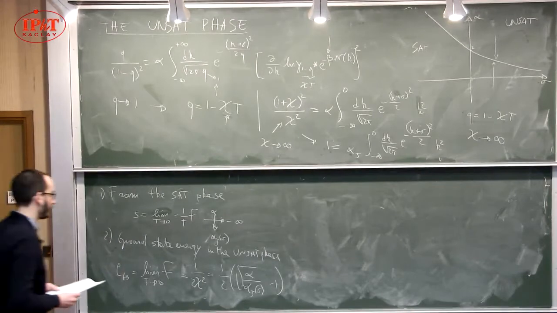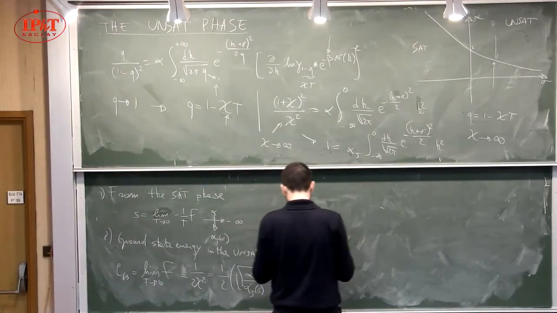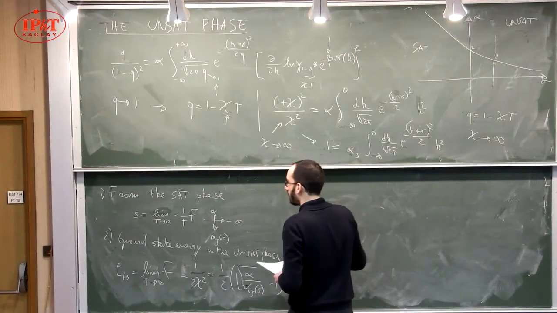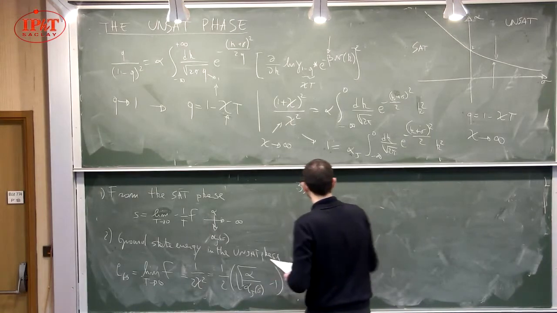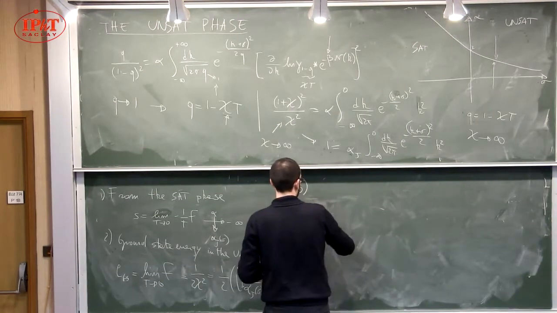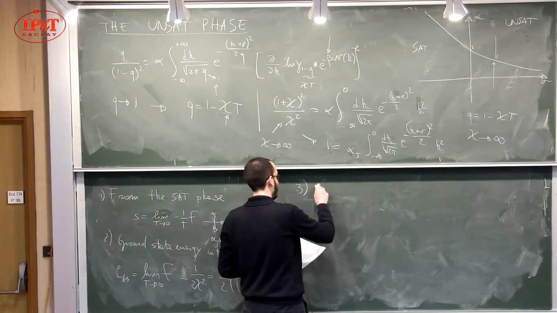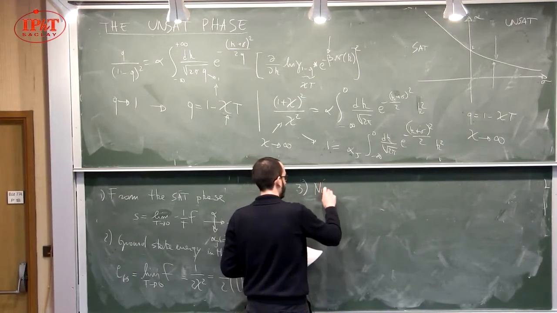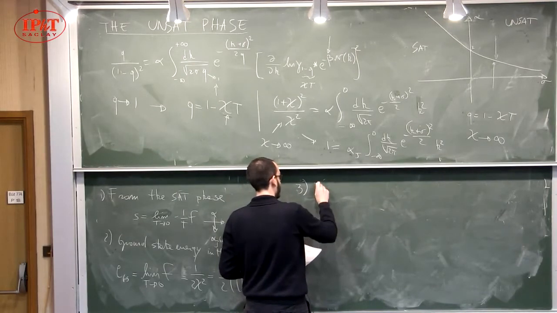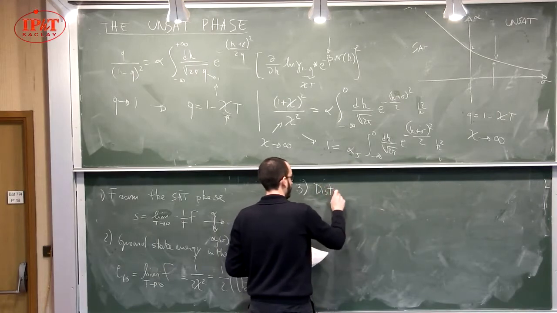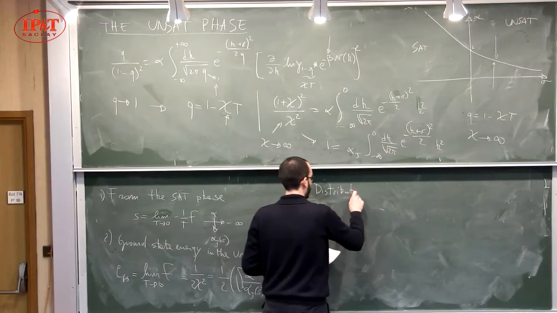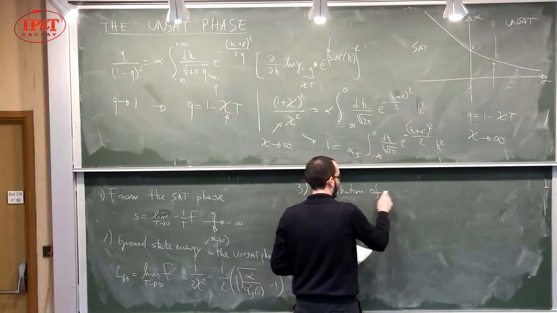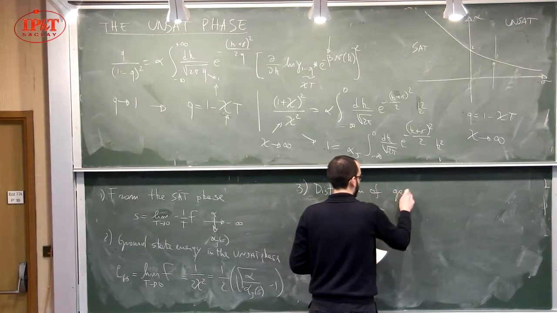Okay. And then the last thing that I would like to discuss is the number of constraints that are violated. Let me say this way: distribution of gaps.